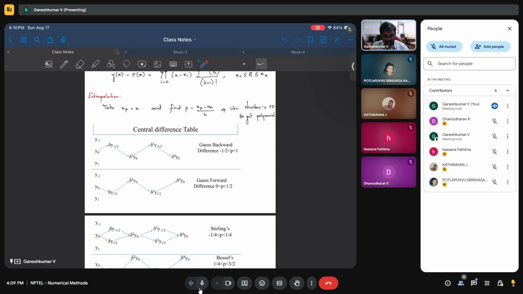The other thing that we saw is, till now we were talking about interpolation, but there is also something called extrapolation. Basically there is not much of a difference.